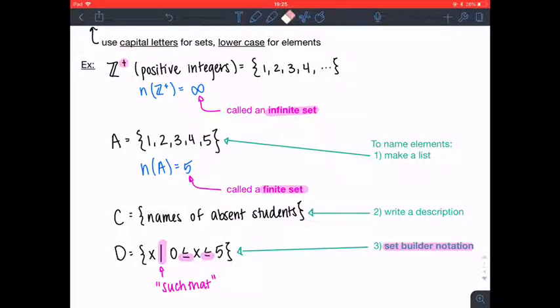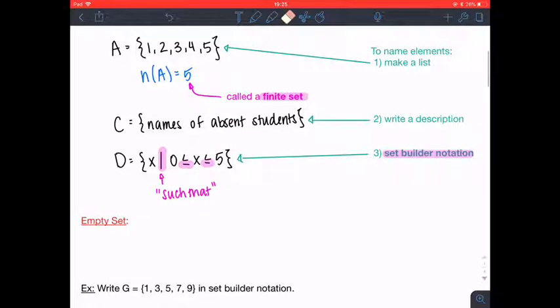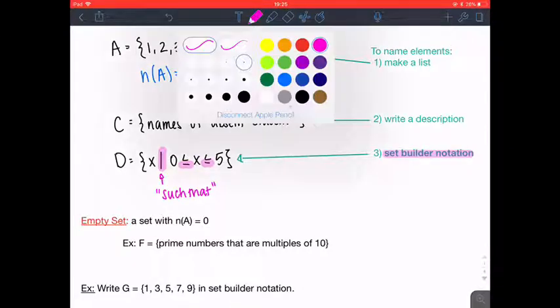Okay. So there's something called the empty set. The empty set is a set with the number of elements equal to 0. So there are no elements within that set. An example of an empty set is a set F, which is all of the prime numbers that are multiples of 10.